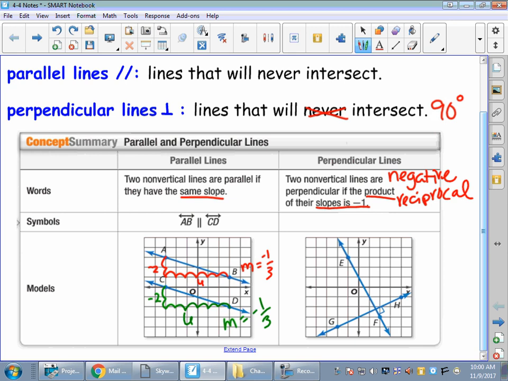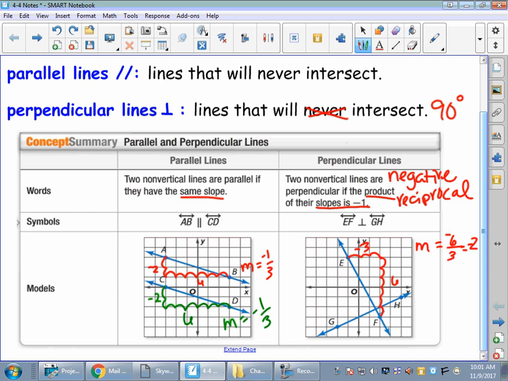They're chasing each other. When you look at the slopes of EF perpendicular to GH, to go from E to F, I'm going to go from F to E. So I'm going to count up. I'm going to go up 1, 2, 3, 4, 5, 6. So that's a positive 6. To the left, 1, 2, 3. So EF slope is equal to -6/3 or -2.